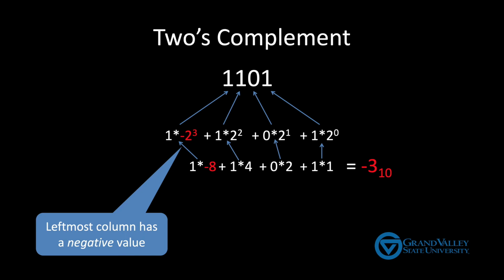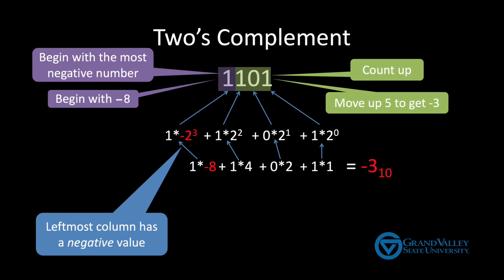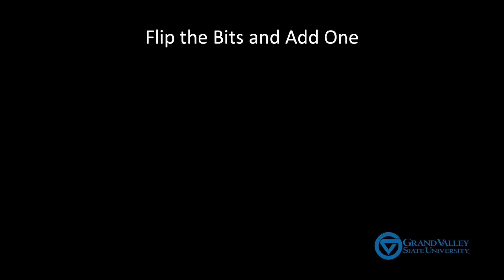So what we're doing when we look at a 2's complement number, if it begins with a 1, we start with a negative value and count up. So in this case, we begin with -8 and move up 5 to get -3. Now what we're looking at here is the formal definition of 2's complement, the formal specification of what each place value is. However, in practice, when working with negative numbers, we use one of 2 shortcuts. The first technique is to flip all the bits and add 1.